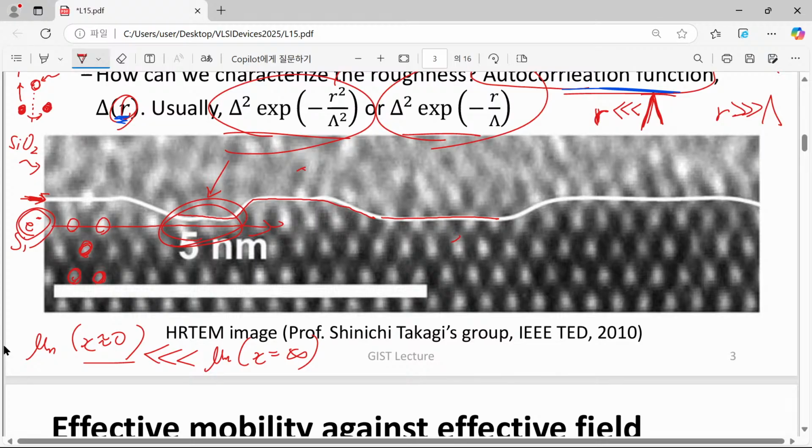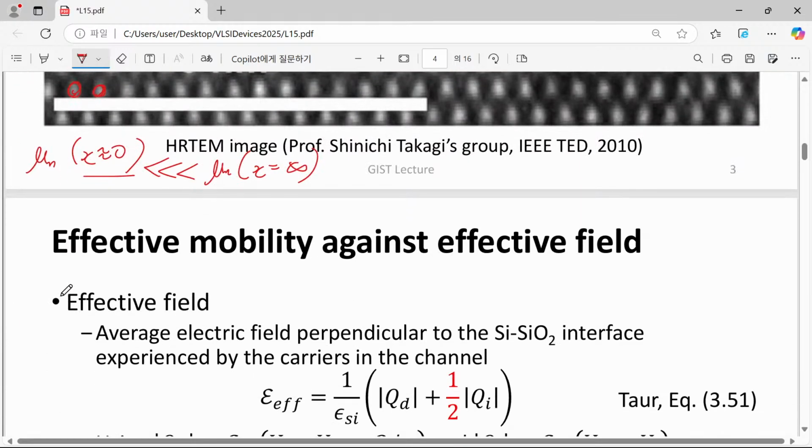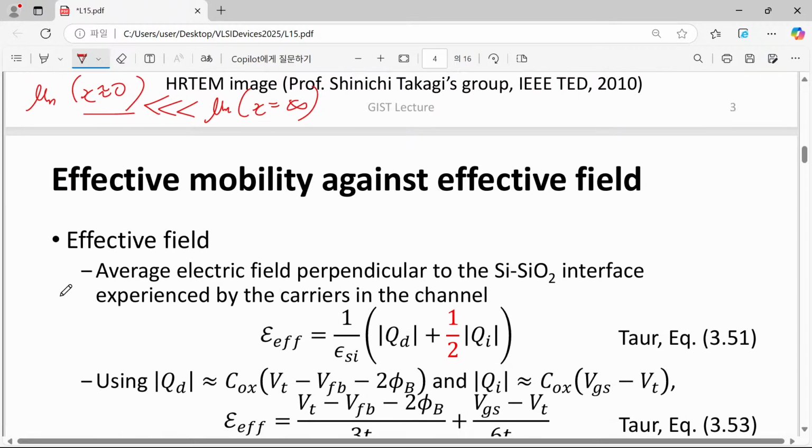Okay, so this is one typical reason why we have a position dependent local mobility concept. Of course, I'm not saying that this is quite rigorous in terms of physical accuracy. Actually, we have a better explanation about the electron gas, but I think that this is a little bit beyond the scope of this course.